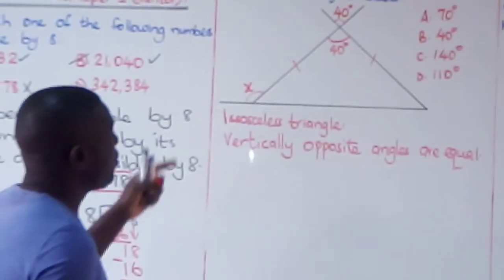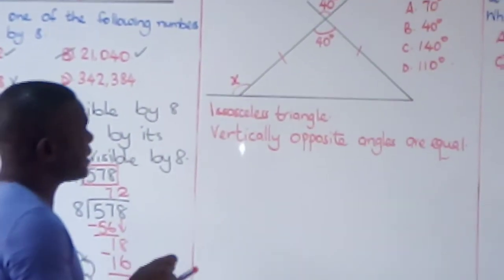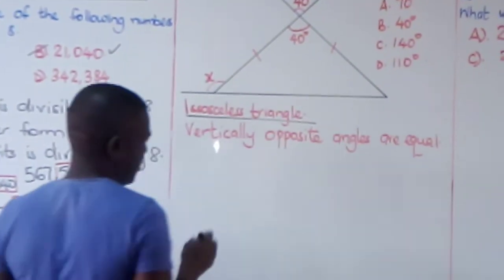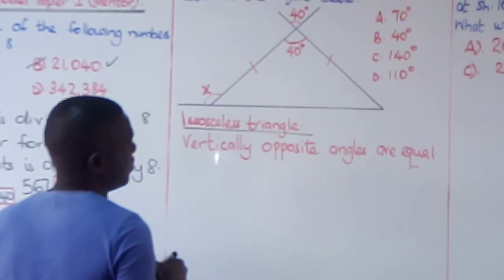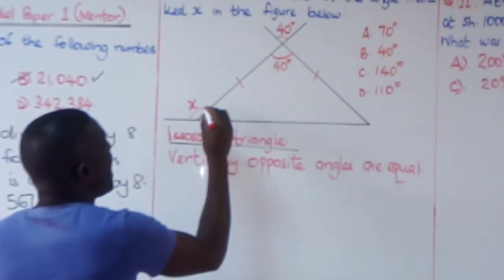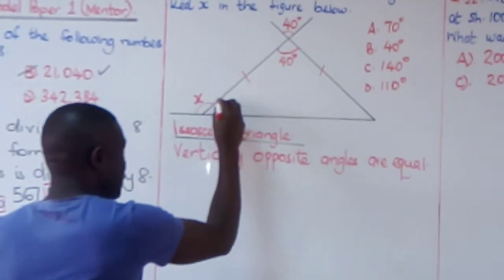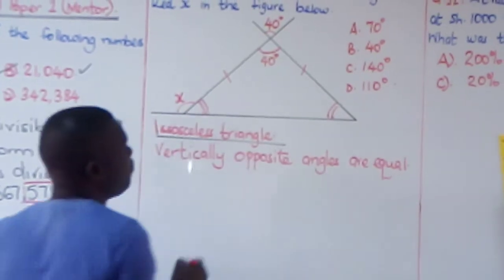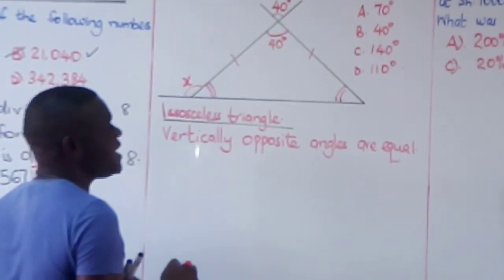Now, let's go back to the fact that the triangle is an isosceles triangle. Because it's an isosceles triangle, two angles, two base angles, this one and that one. These are the two base angles. They are equal.